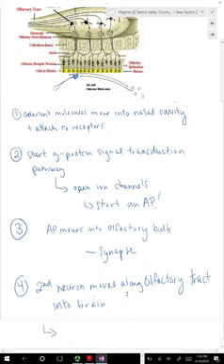And then we're going to move to the olfactory cortex and the limbic system.